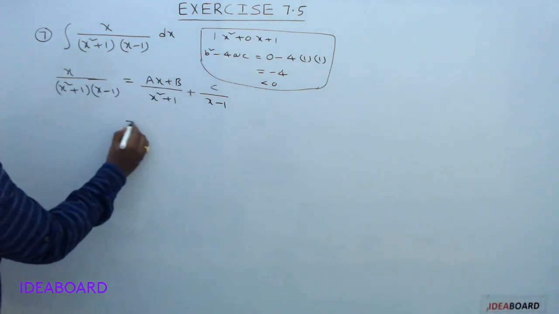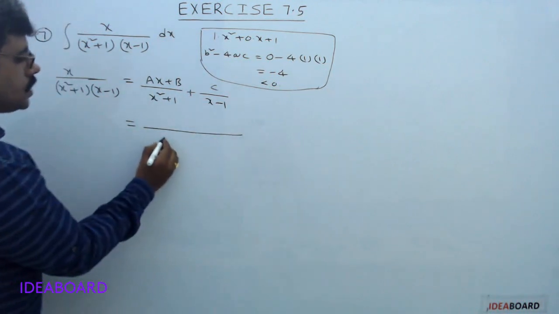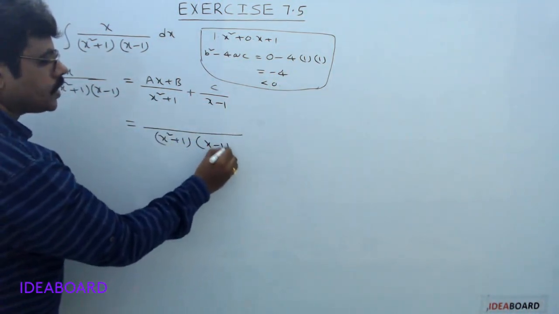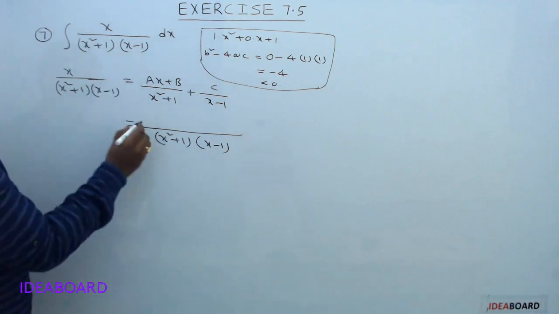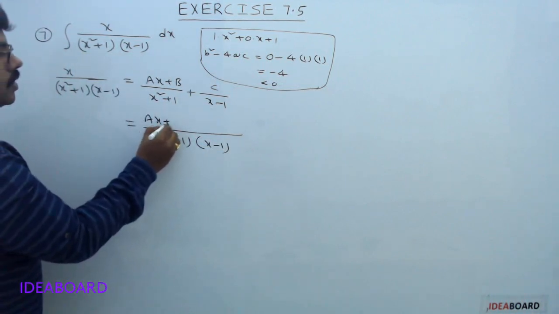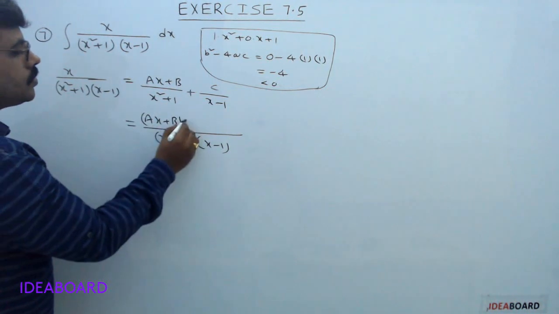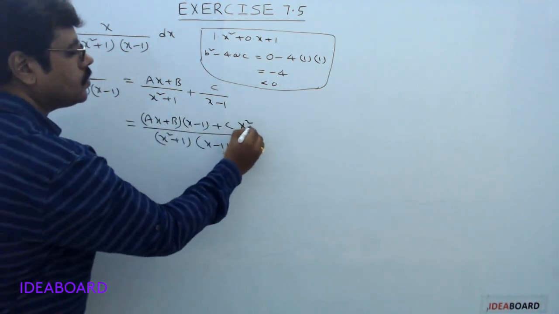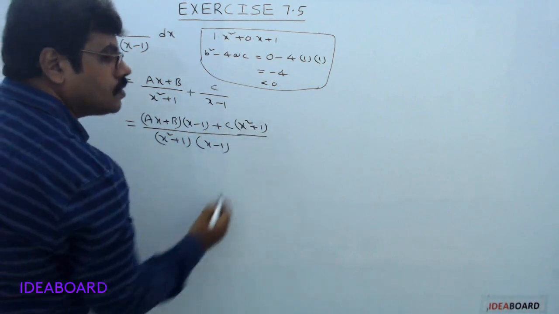Take the LCM: (x square plus 1) into (x minus 1). Now the corresponding numerator is (ax plus b) into (x minus 1) plus c into (x square plus 1).